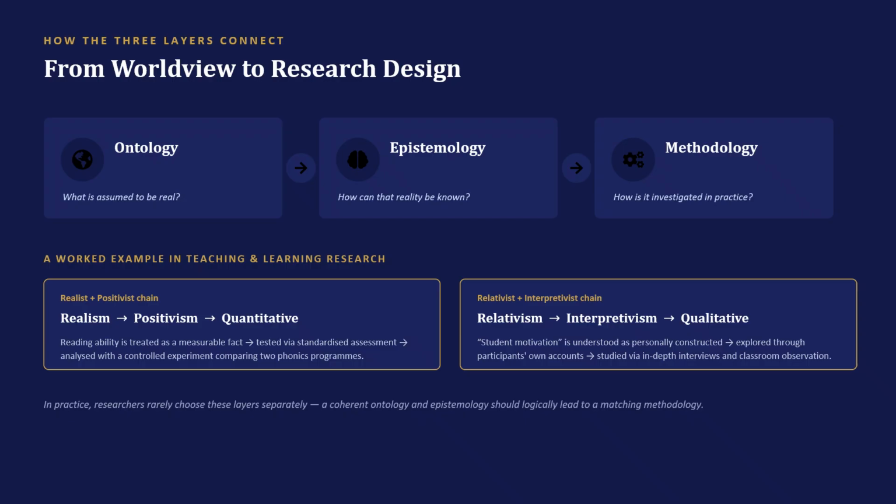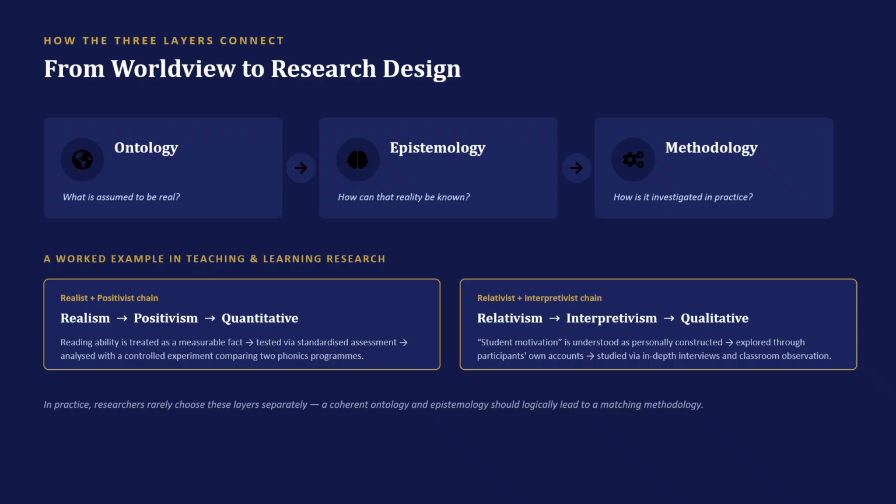Here reading ability is treated as a measurable fact, tested by standardized assessment and analyzed with a control experiment comparing two phonics programs. That is what's called experimental research. There we think that there's only one reality, and for that we use positivism. So here realism leads to positivism, and that leads to what is called quantitative research.